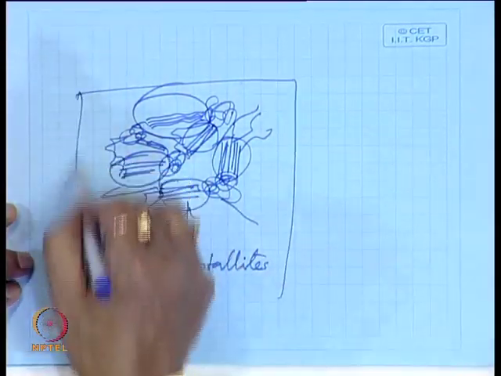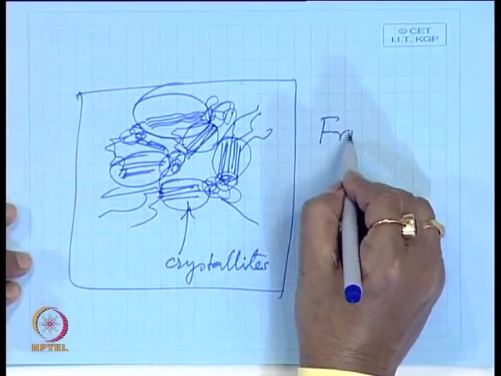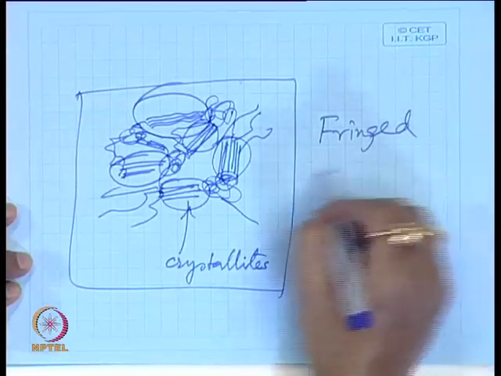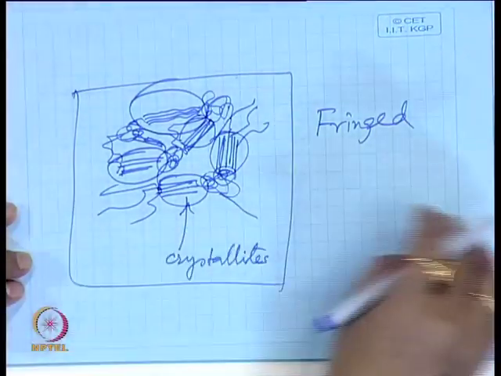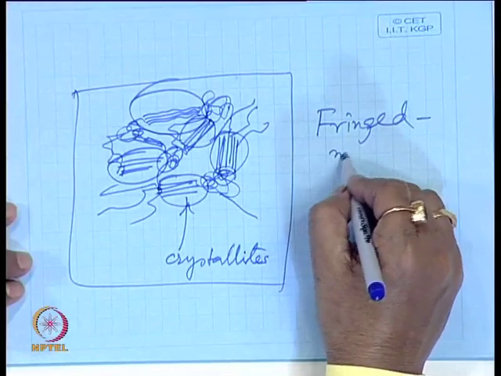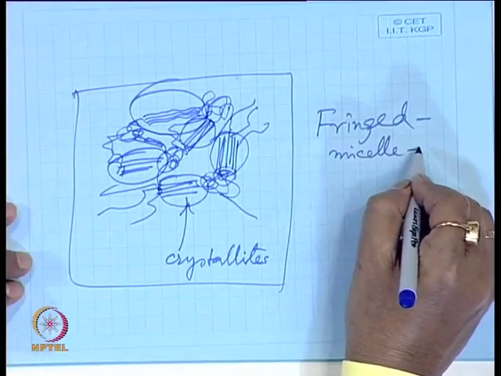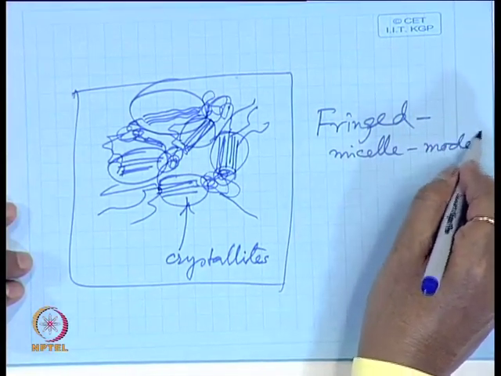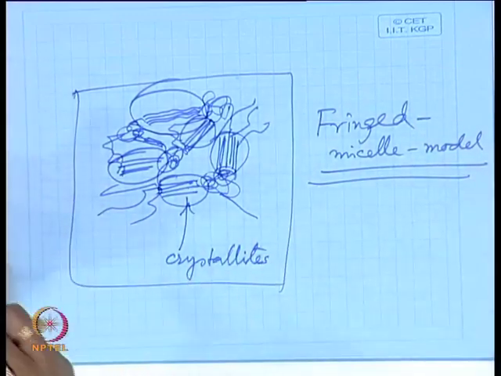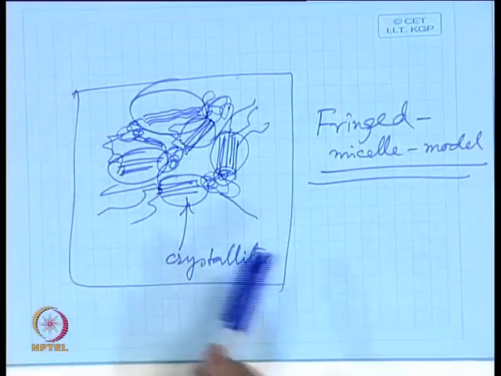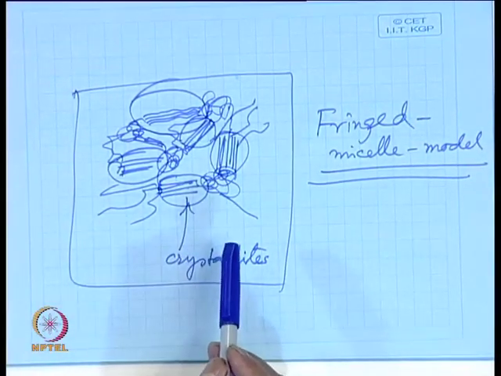Actually, this is a fringed micelle model, where crystallites remain dispersed in an amorphous matrix. It is a semi-crystalline or quasi-crystalline polymer.